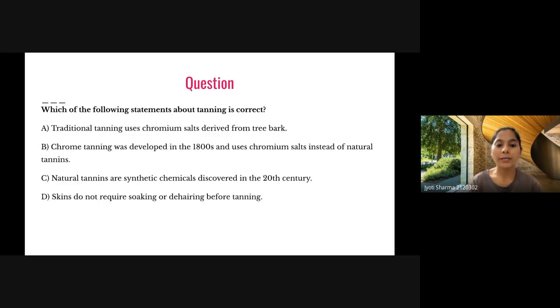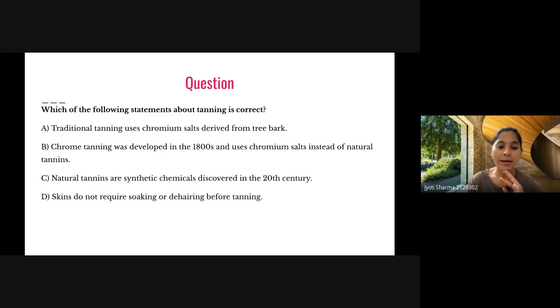Which of the following statements about tanning is correct? Traditional tanning uses chromium salt derived from tree bark. Chrome tanning was developed in 1800 and uses chromium salt instead of natural tannins. Natural tannins are synthetic chemicals discovered in the 20th century.